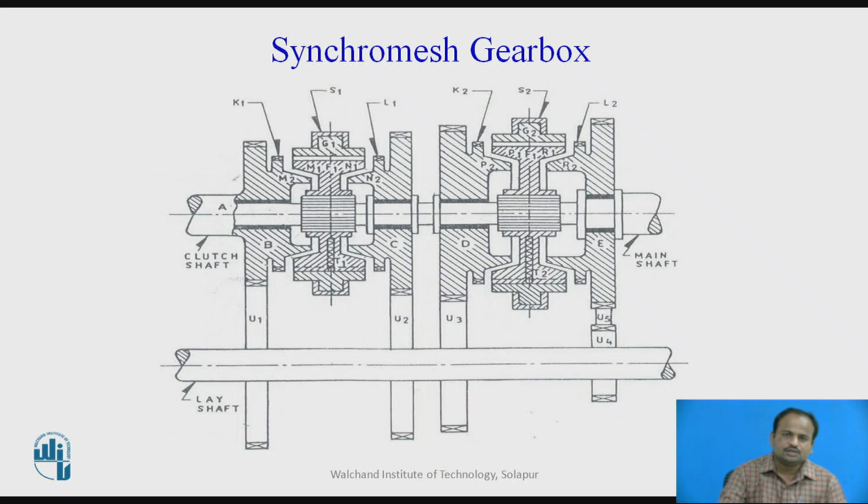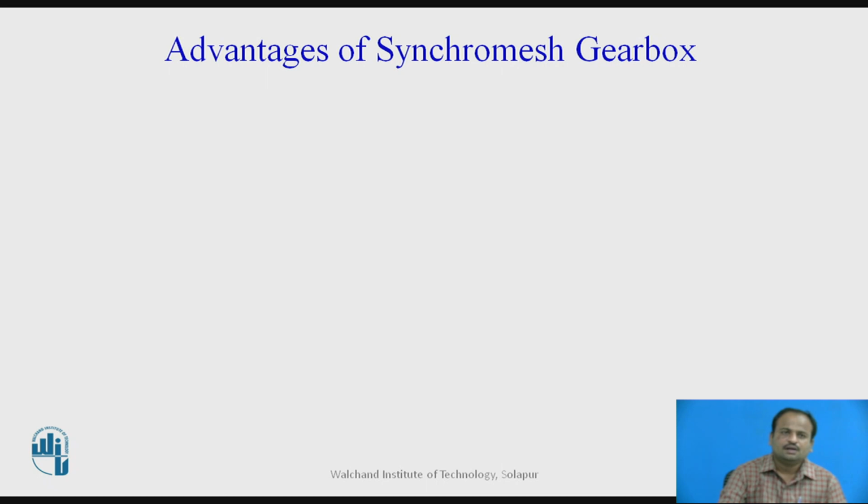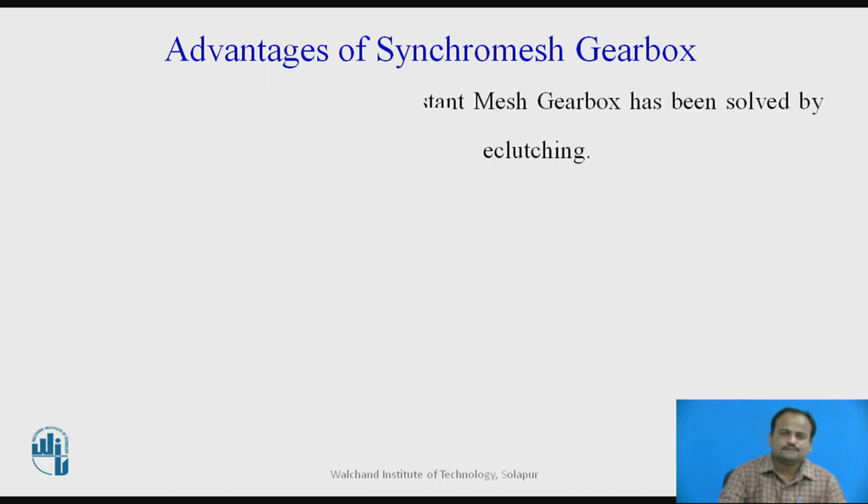So the power is transmitted from gear to synchronizer, then the synchronizer transmits the power to the main shaft, and then the main shaft transmits the power to the end wheels. Likewise, the synchromesh gearbox works.